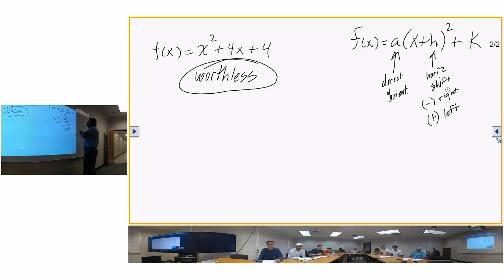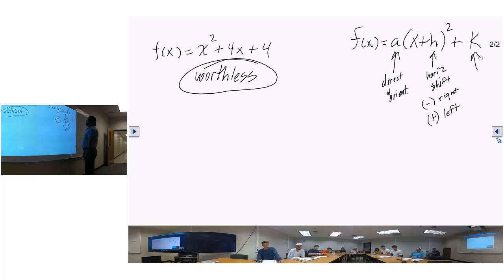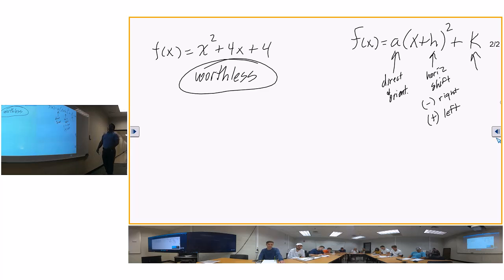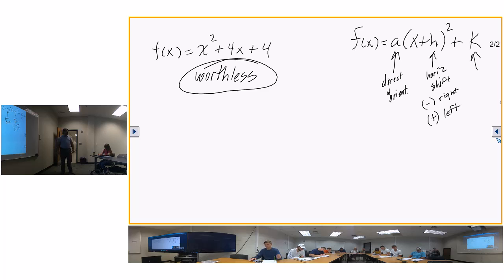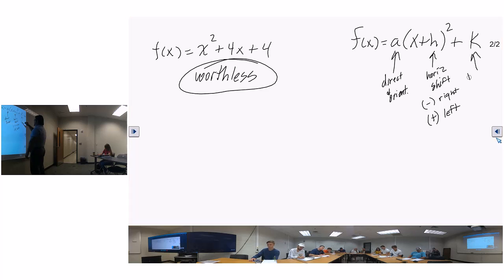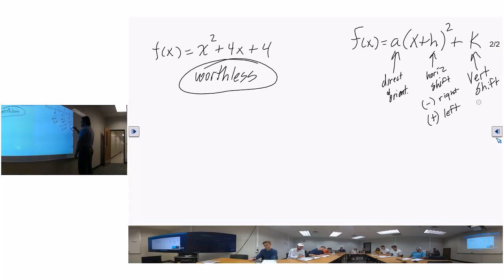If H is the horizontal shift and A is the orientation, what do you think K is? What's the opposite of horizontal shift? Y'all are gifted and talented. Vertical shift. Vertical shift means positive, up, negative, down.